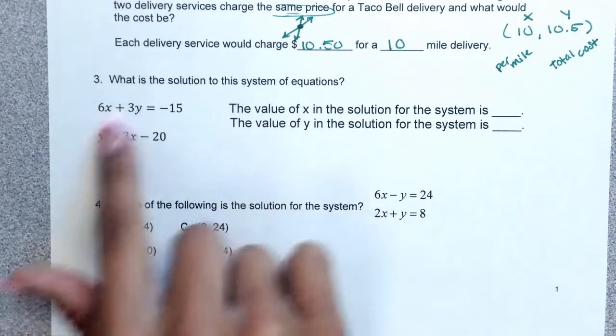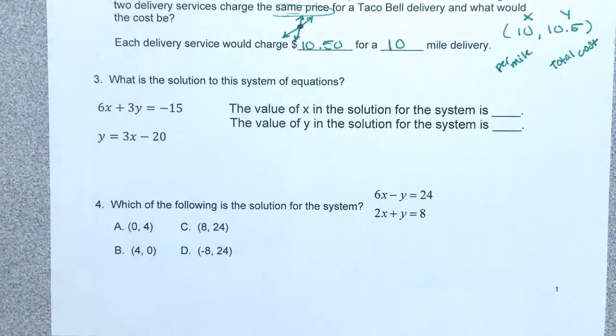Now, when you're looking at this kind of system, you have to decide what is the best method to use. Is it substitution? Is it elimination? Or do you type it into Desmos? So what is the best method that you would use?